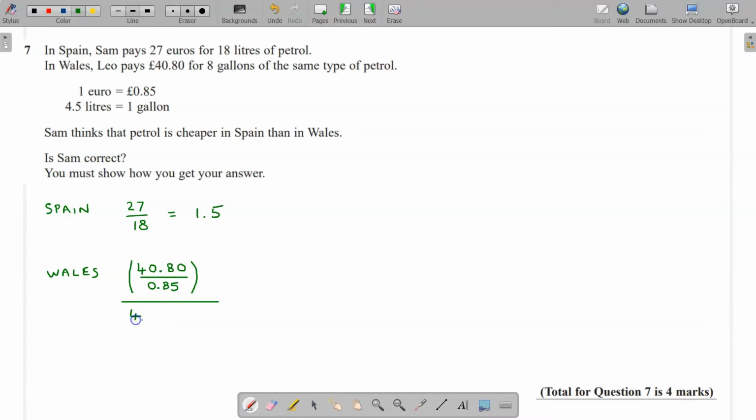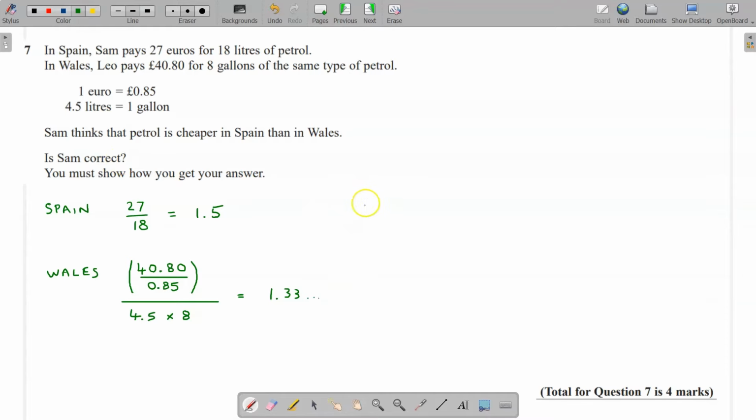So we just need 4.5 times 8 there. Put that into the calculator as it is, and that gives us 1 1/3, 1.33 recurring. So we can immediately see that Spain is more expensive, so Sam is wrong.